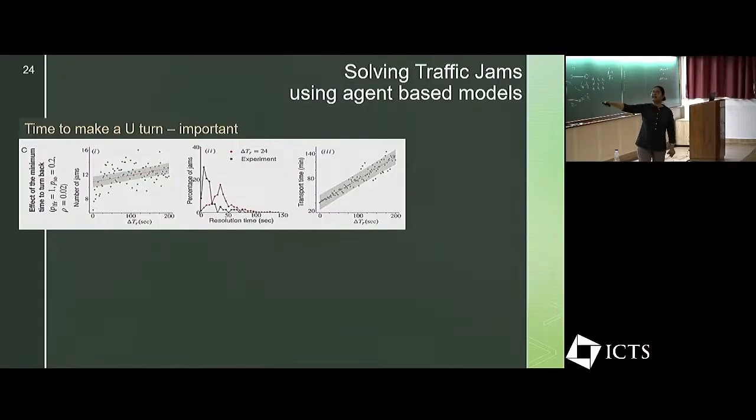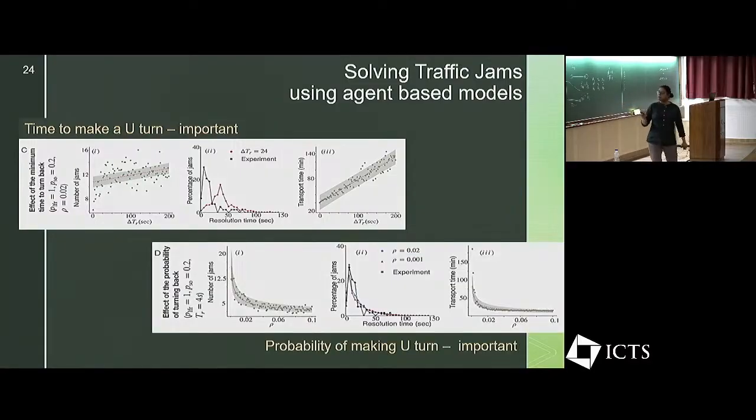The more delay they make in taking this decision to make a U-turn, the higher the number of jams, and so is the transportation time. All right. Further, the probability of making a U-turn and the time, both are critically important in how the ants would respond to a jam and solve it.